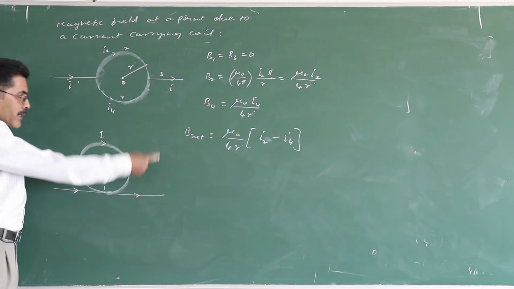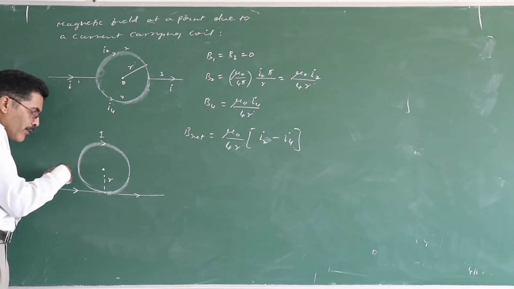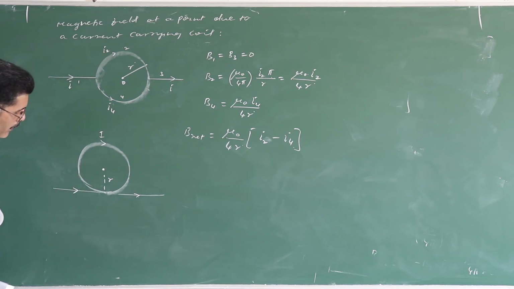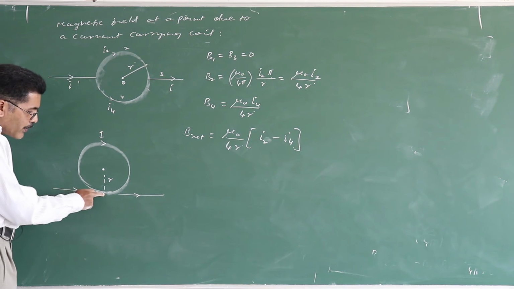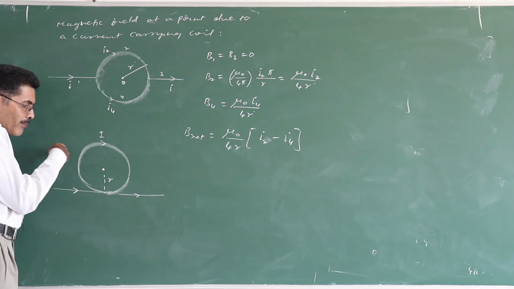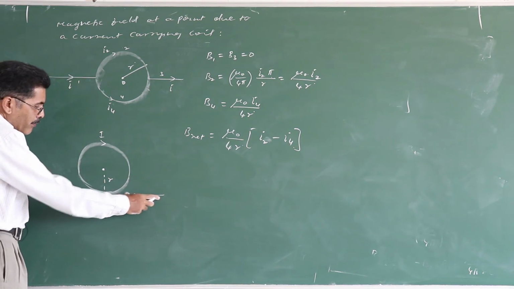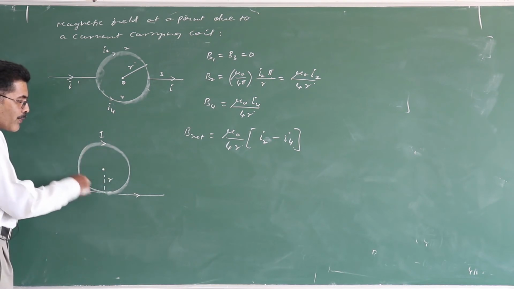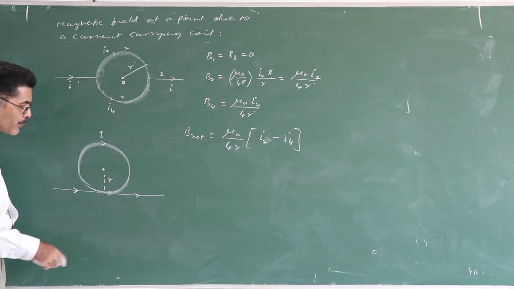This is in clockwise direction. See, therefore magnetic field into it. See, therefore magnetic field due to these two segments is into the board, this segment and this segment, whereas magnetic field due to this coil out of the board towards you.